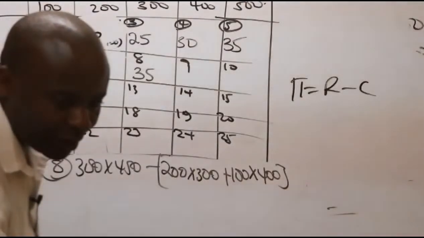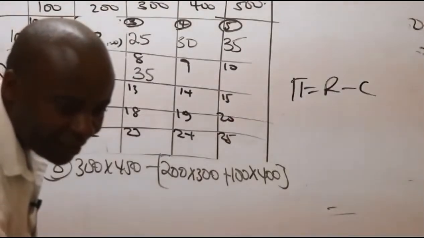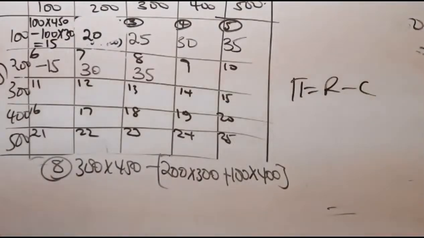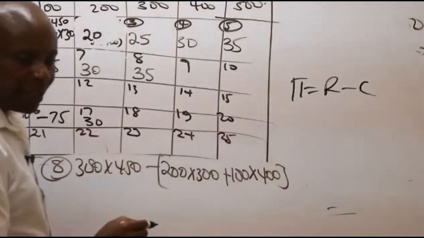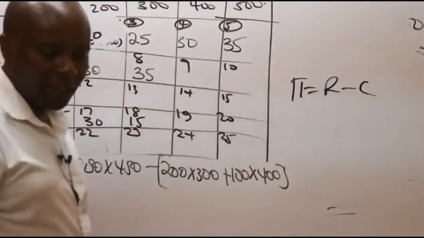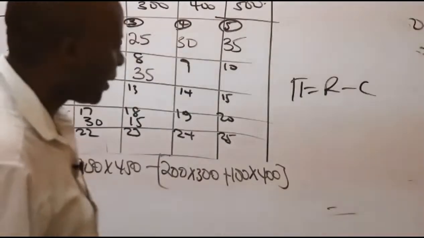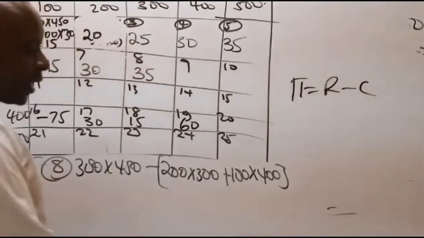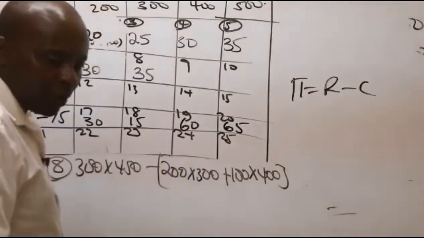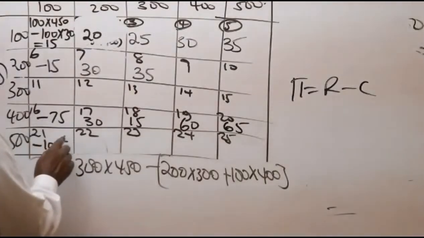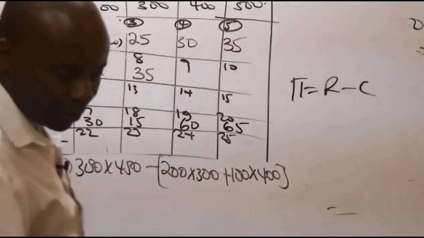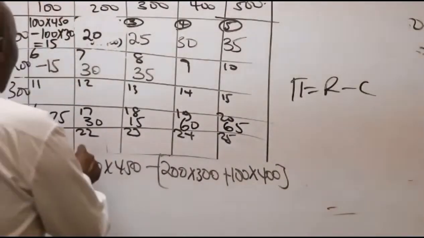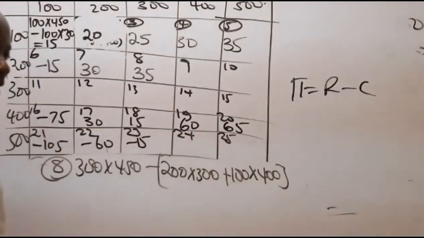Starting from cell number 16, they're telling me it is negative 75, right? 17 is 30, 18 is 15, 19 is 60, cell number 20 is 65, cell number 21 is negative 105, cell number 22 is negative 60, negative 15, cell 23, and then cell 24.